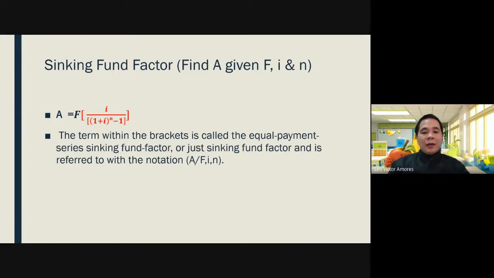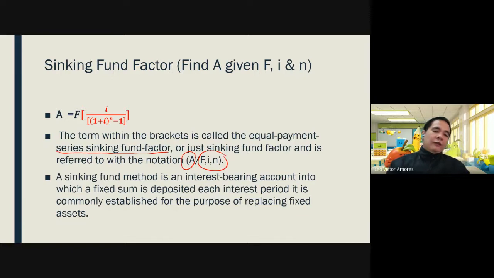The term within the bracket is called the equal payment series sinking fund factor, or just the sinking fund factor, and is referred to with the notation (A/F, i, n), meaning you are looking for the annuity given the values of F, i, and n. The sinking fund method is an interest-bearing account into which a fixed sum is deposited at each interest period, and it is most commonly established to replace a certain fixed asset.